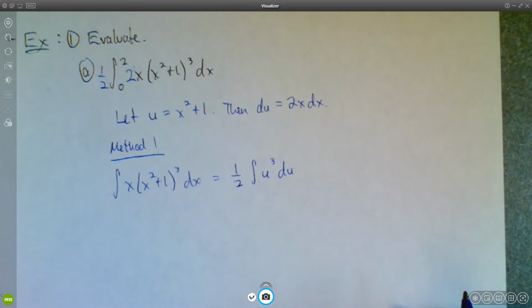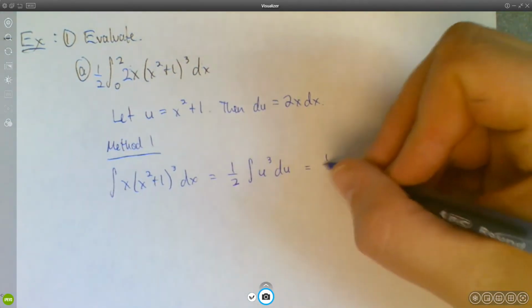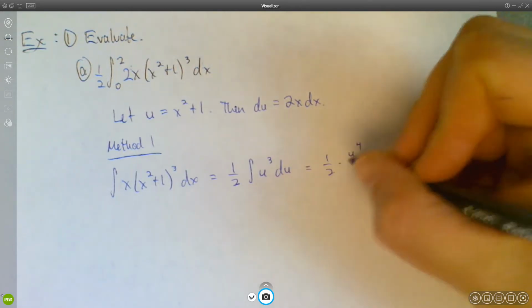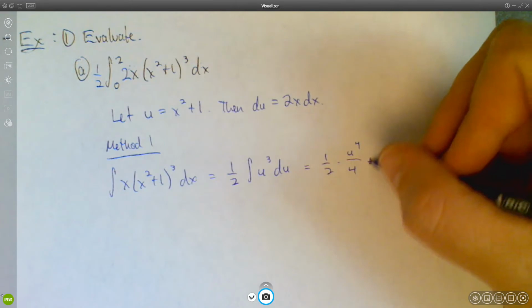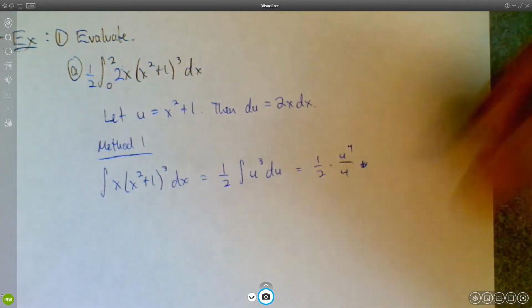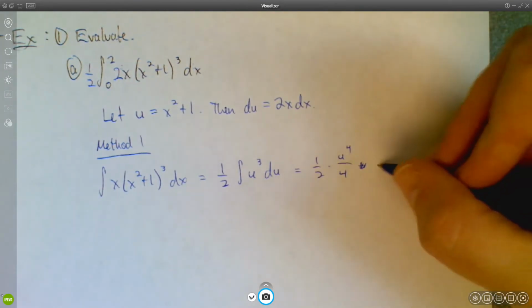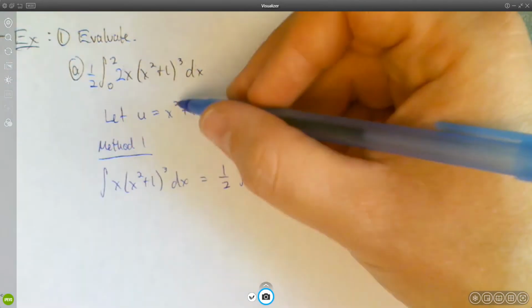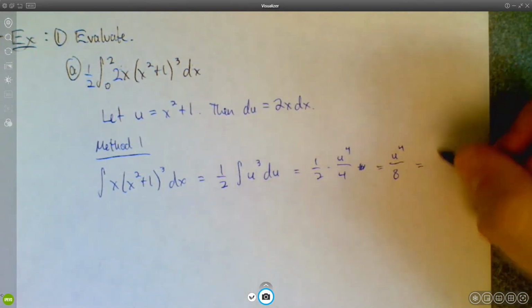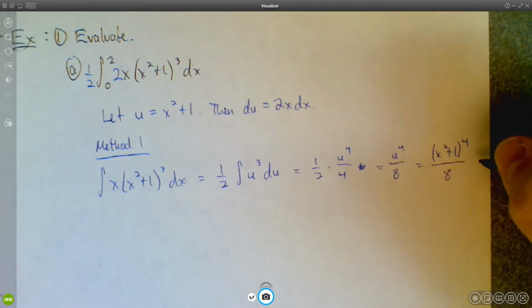Okay. That's going to be 1/2 times u to the 4th over 4 plus c, although the plus c doesn't really matter since we're going to be plugging in limits of integration in a second. So that's u to the 4th over 8, or in other words, since u was x squared plus 1, I can call it (x squared plus 1) to the 4th power over 8, right?